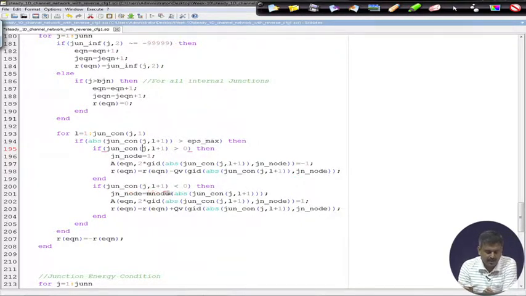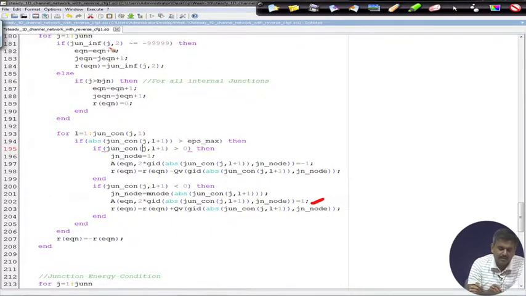This junction connectivity, if this is negative, so obviously we are talking about the terminating node here. So, junction node equals to M node absolute junction connectivity J L plus 1, and we are adding discharge to our junction. So, that is why coefficient is 1, and this is R eqn plus QV in this case.